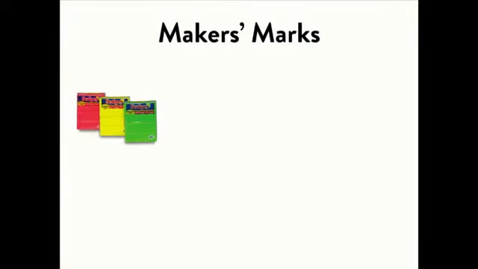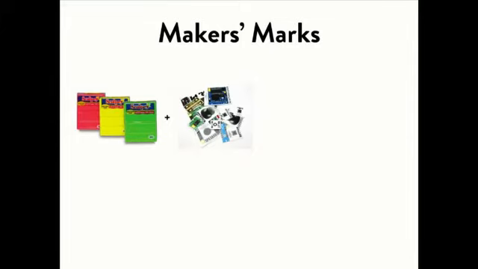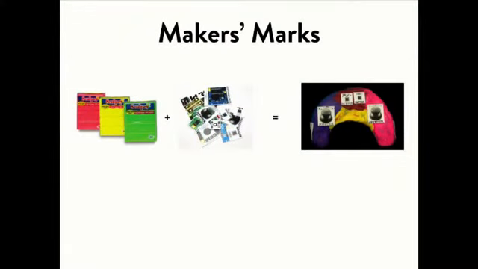So we use this as inspiration to build a system called Maker's Marks, where the idea is, if I give you tangible modeling material, and then in addition, I give you a suitable set of annotation tags that let you express functionality, then probably you can build something that has shape intent expressed through clay and functionality intent expressed through these annotation stickers.